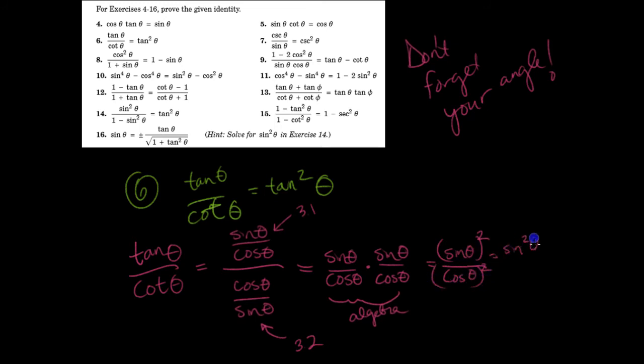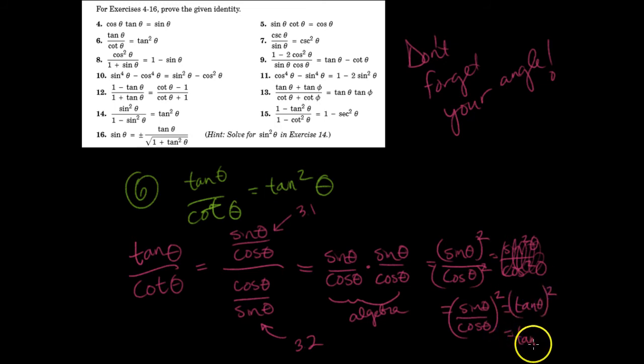Actually, we don't even need to go to that. Cross that out, because to be real technical, I should say that that's sine theta over cosine theta, squared. And by definition of sine theta over cosine theta, that's equivalent to tangent theta squared, which is equal to tangent squared theta. I demonstrated that.